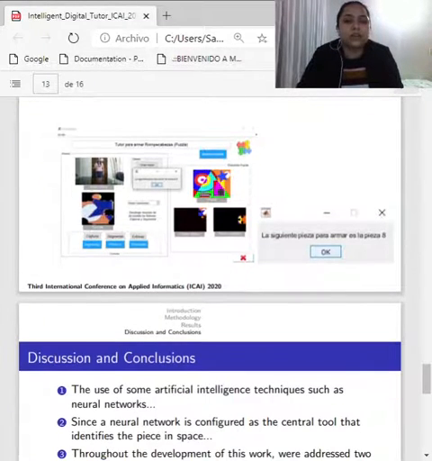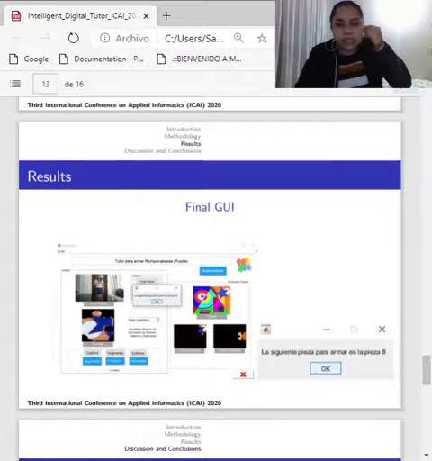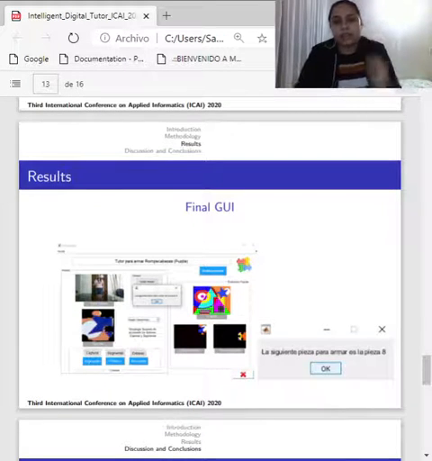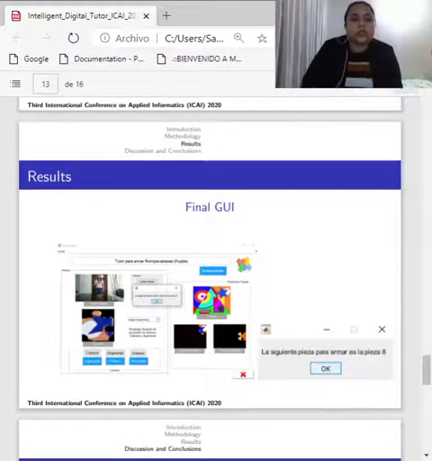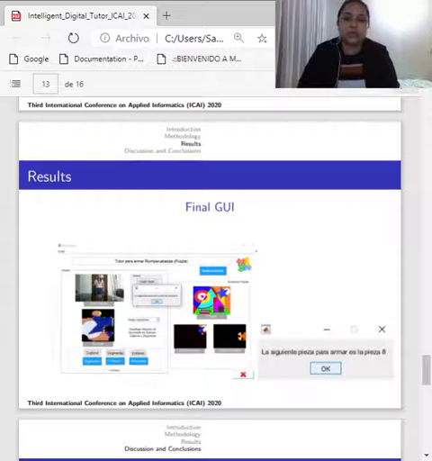So the total system on average takes 25 minutes to assemble the puzzle. A total of 25 tests were performed with different people in a range of 3 to 11 years old.